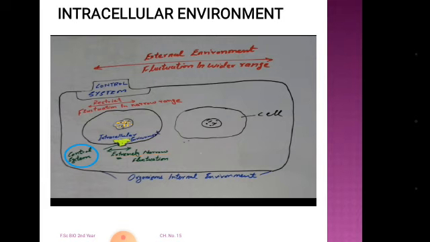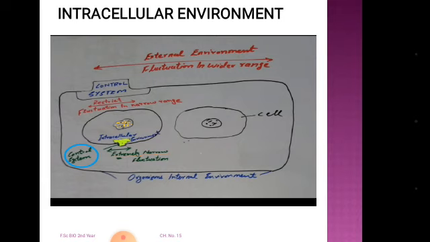This diagram represents that these will maintain the body in a homeostatic condition. Either the organism is present in a hypertonic environment where salt concentration is more, or in a hypotonic environment where salt concentration is less, or there is a case of thermoregulation.